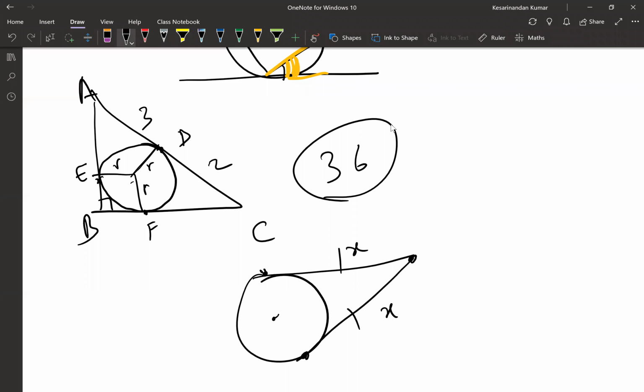So the perimeter is 36. The ratio in which the hypotenuse is divided is 3:2. I want to find R, the inradius. 3 minutes, start.